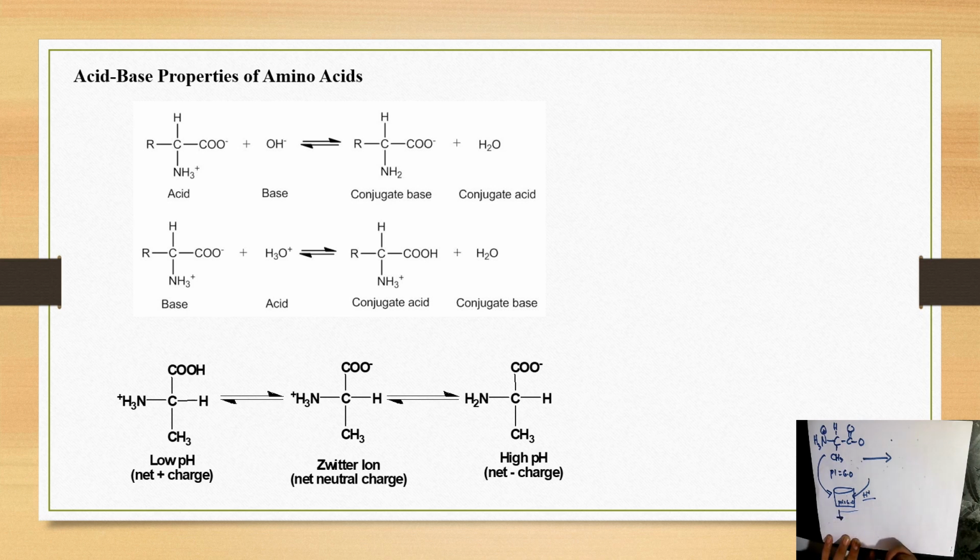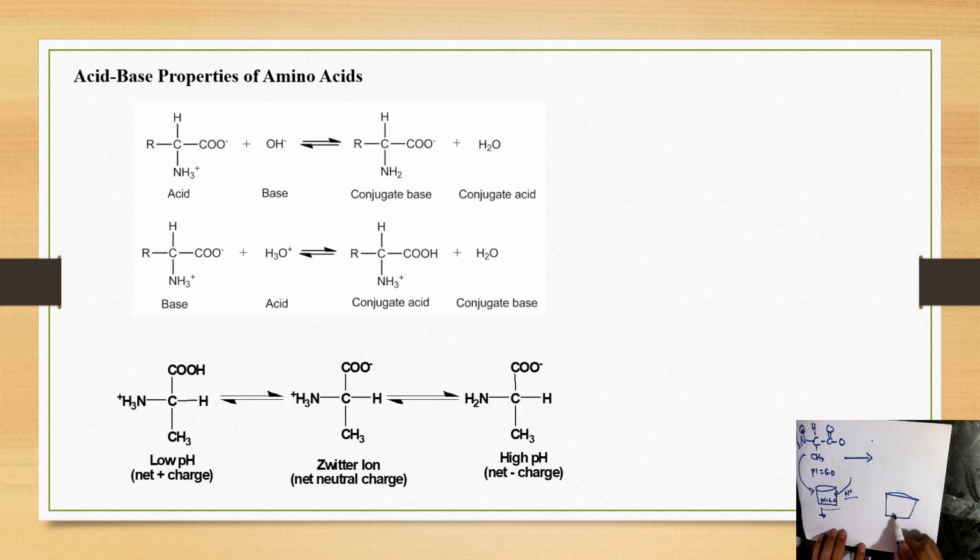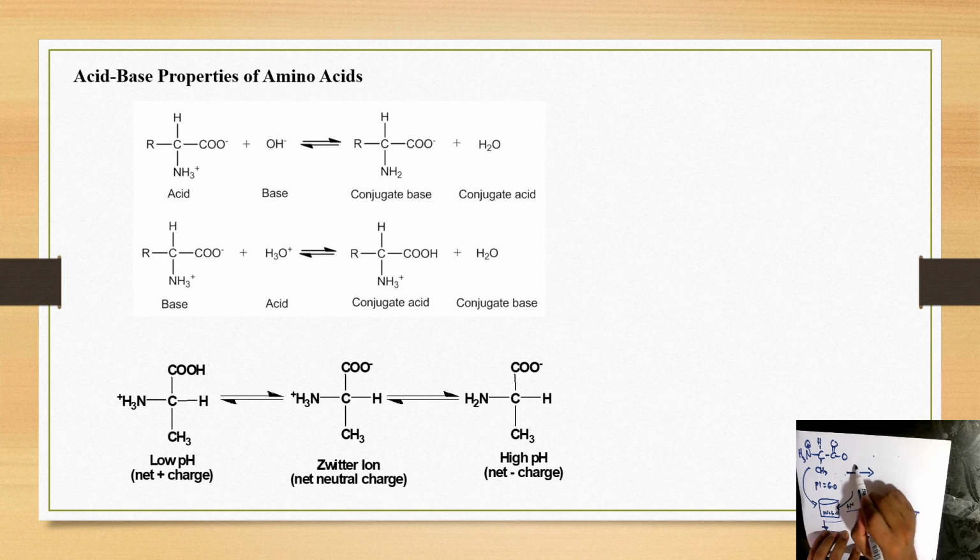But our concern is what will now be the structure of the amino acid in an acidified condition. We expect that the pH here is lower than 6.0 because we have already added acid, so let's write low pH. Here we put hydrogen ion that represents acid.